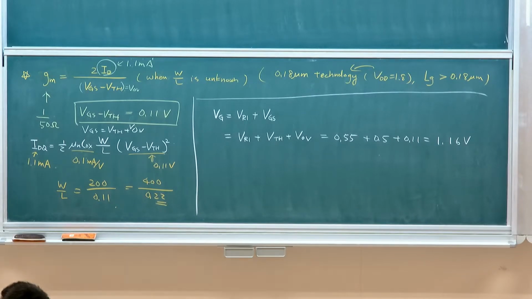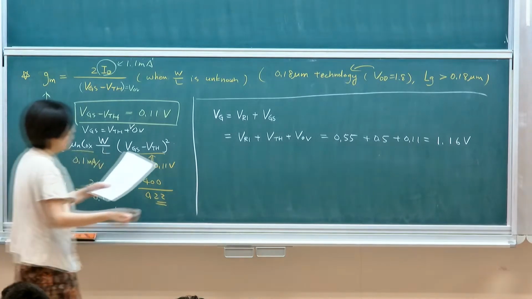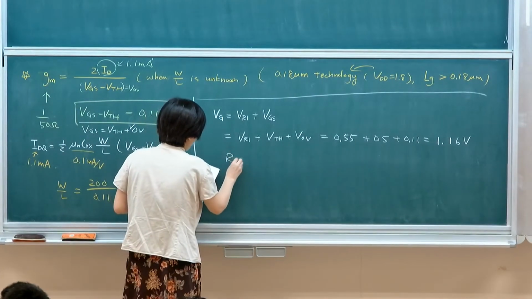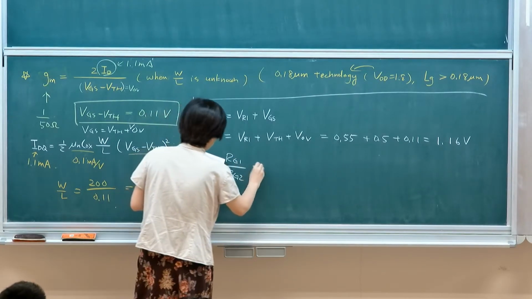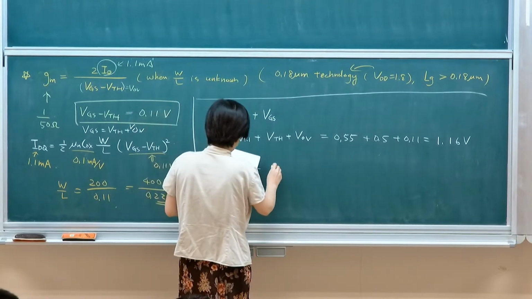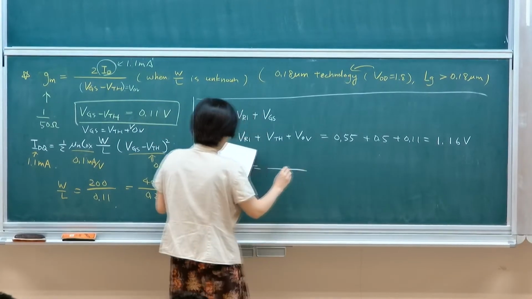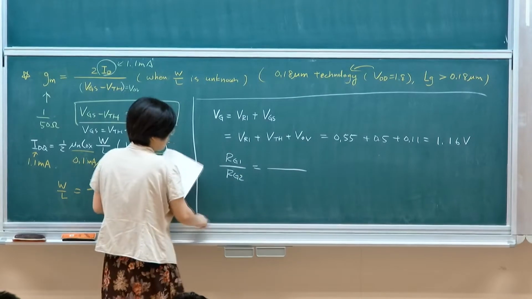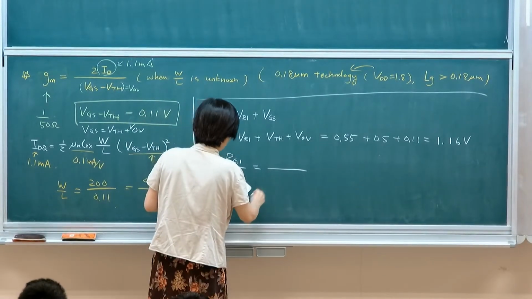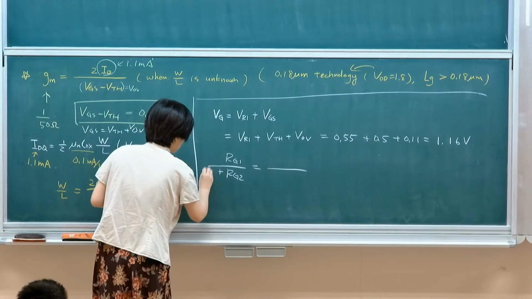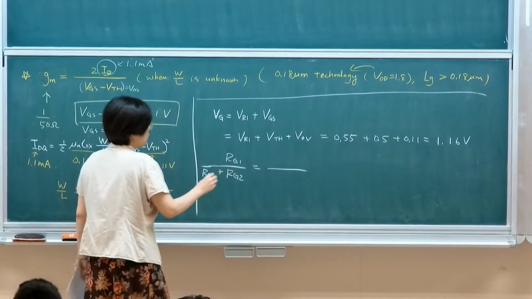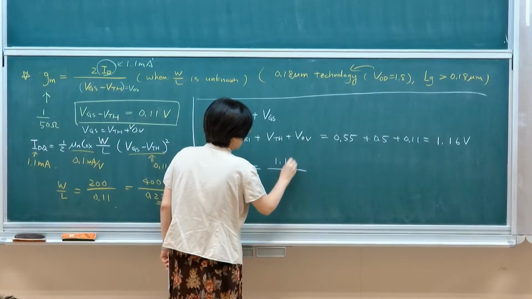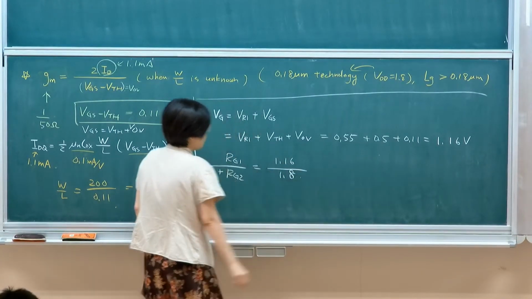Okay, so the next thing we're going to talk about is how you determine RG1, RG2. First of all, we know that for RG1 and RG2 there's a ratio. The ratio between the two should be 1.16 over 1.8.